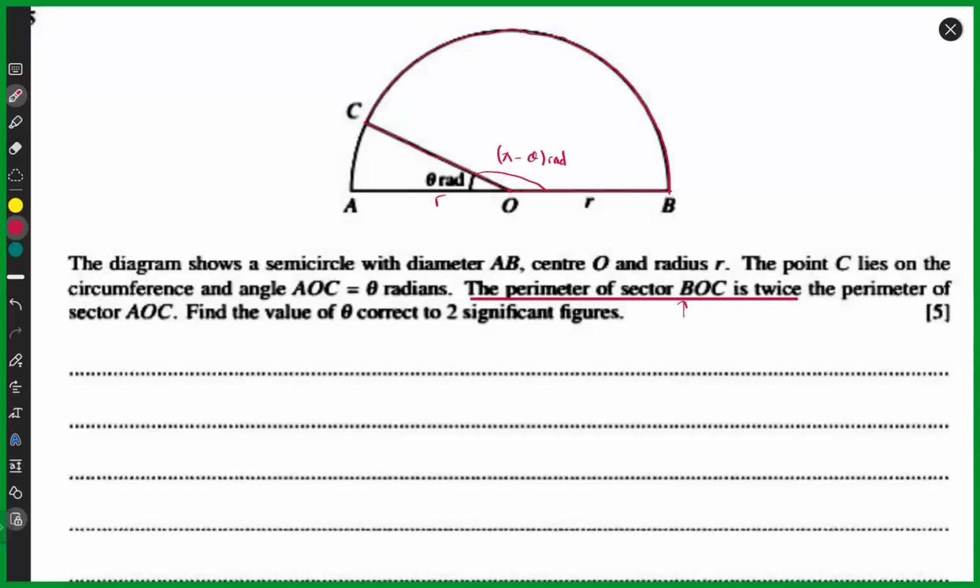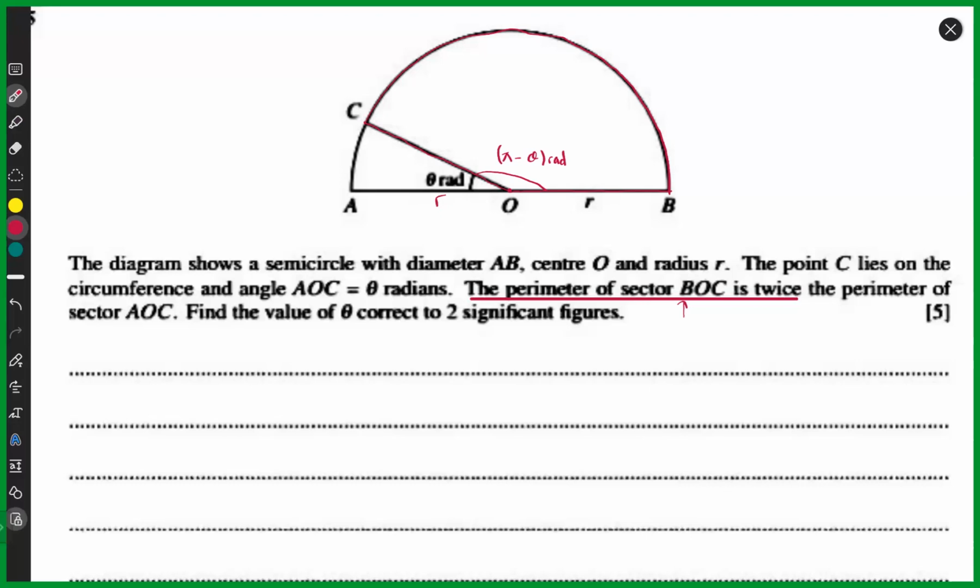Miss, why did we do pi minus theta? First of all, I just added that by my choice. It has nothing to do with the question for now. I just wanted to make sure that I have everything about the diagram, extracting all the information so that when I read the question, I understand it more. Here they referred to BOC as another sector, and for sectors we talk about angles.